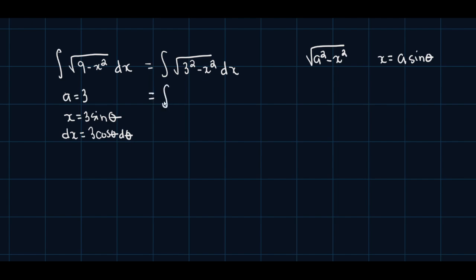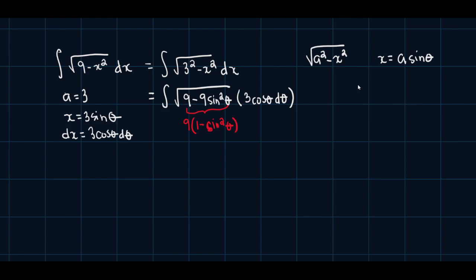We can now rewrite the integral as the square root of 9 minus 9 sine squared theta, then dx is 3 cosine theta d theta. Okay, this part here, it's actually 9 times 1 minus sine squared theta.